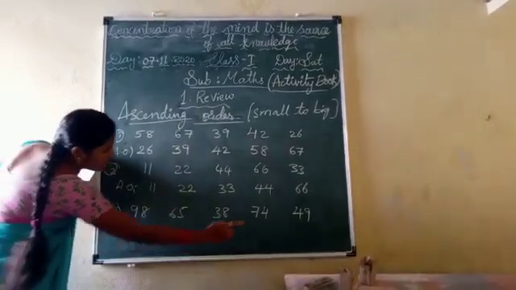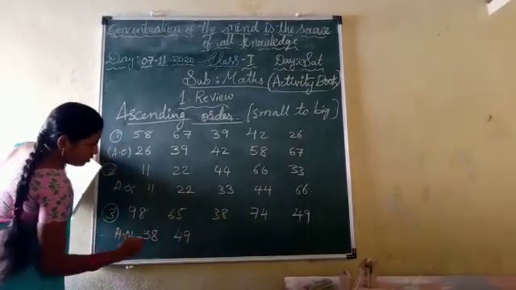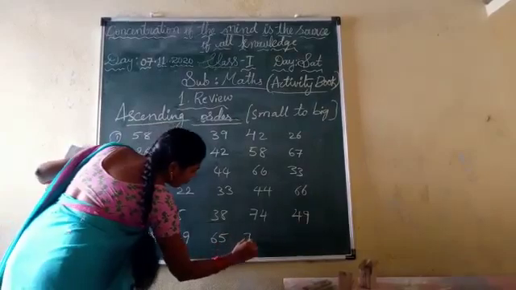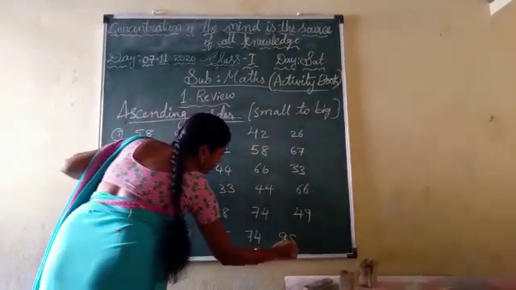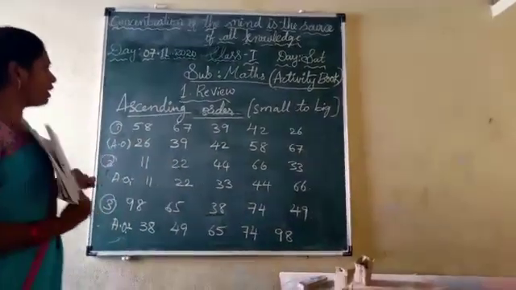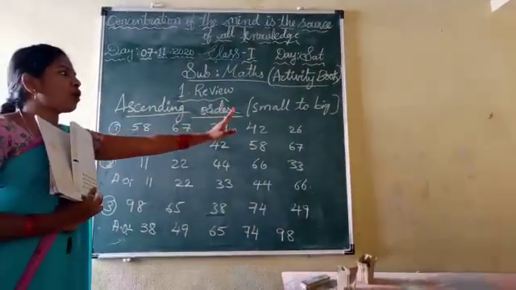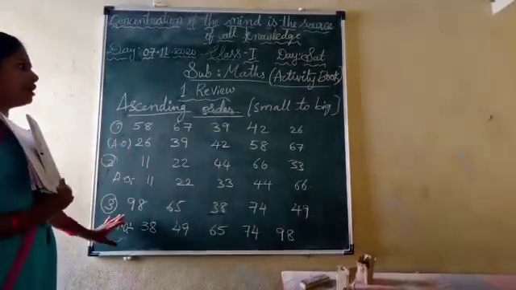After that, which number is small? 49. After that 65. Next 74. Last, the big number 98. Like that we have to write these numbers in ascending order. Ascending order means from small number to big number we write. This is the ascending order.